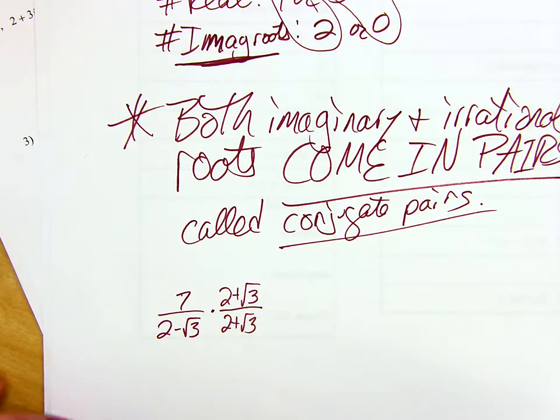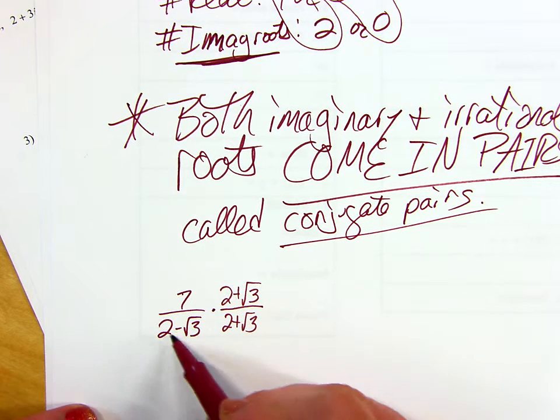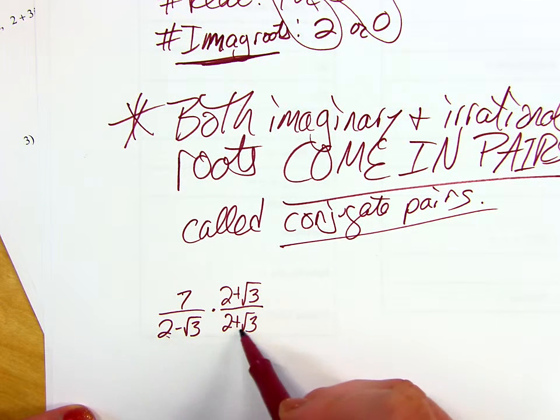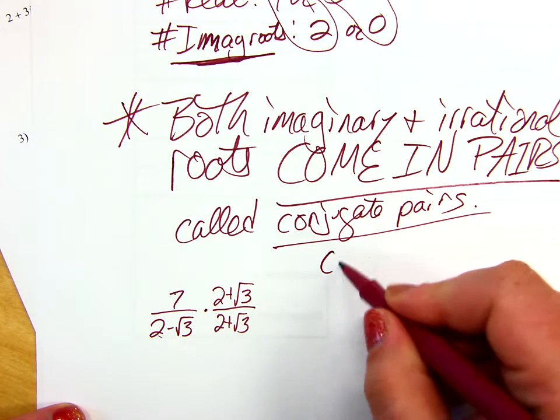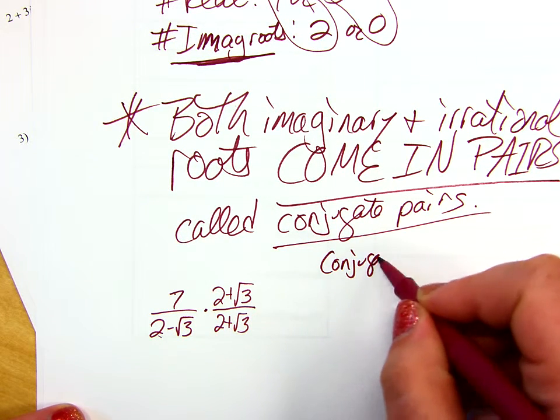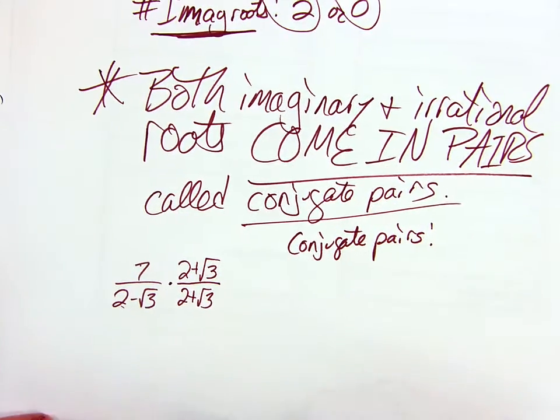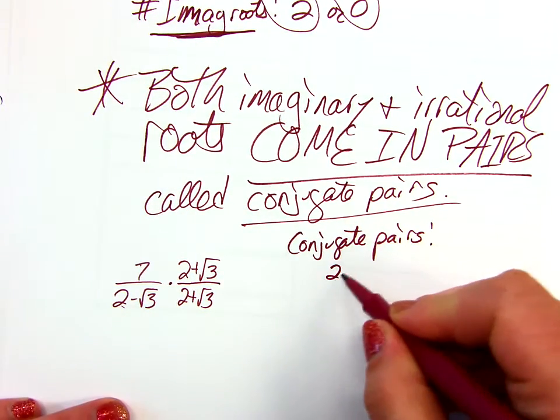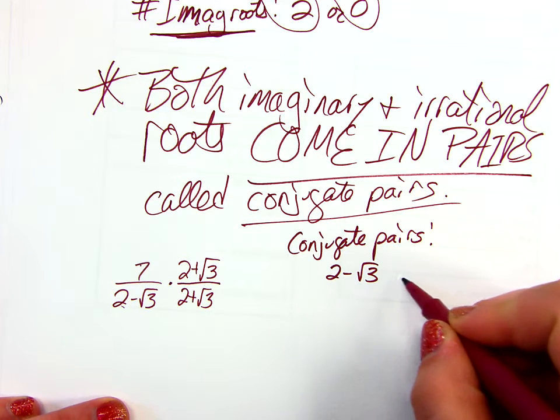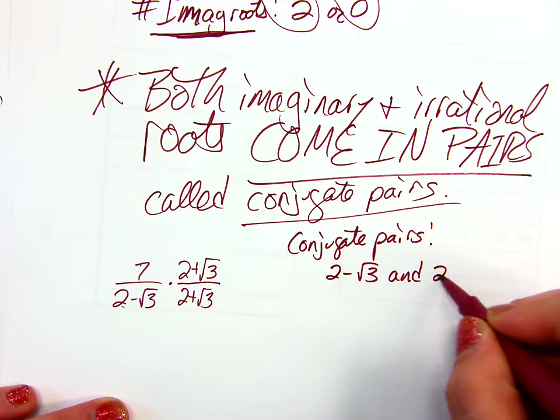So that's what we mean by a conjugate pair. So it's the same pieces, but you would change the sign. So let's just list some conjugate pairs. So here's one example, 2 minus root 3 and 2 plus root 3.